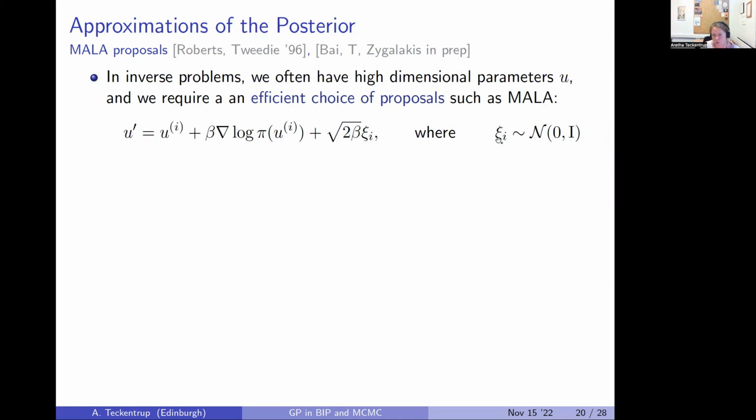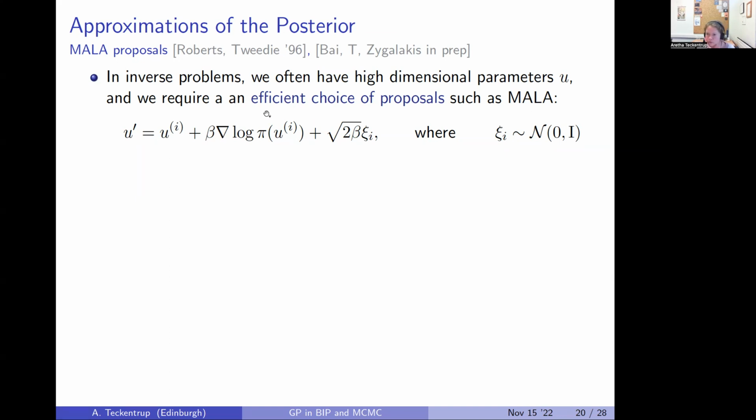And so you want to be able to do something like MALA, the Metropolis adjusted Langevin algorithm, where samples look like this. You take your current state UI, and then you perturb it. So you move in the direction of the gradient of log pi. This is designed to make you step in the direction of high density, right?